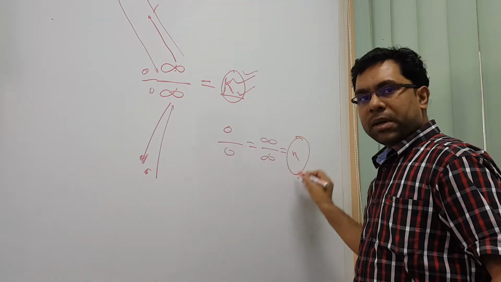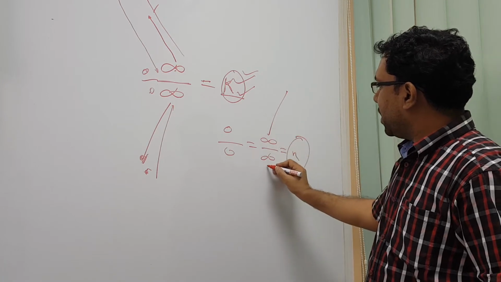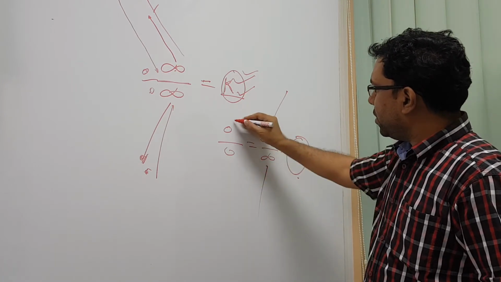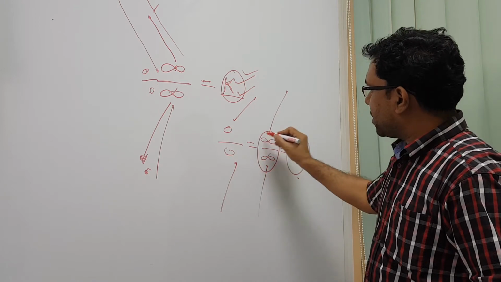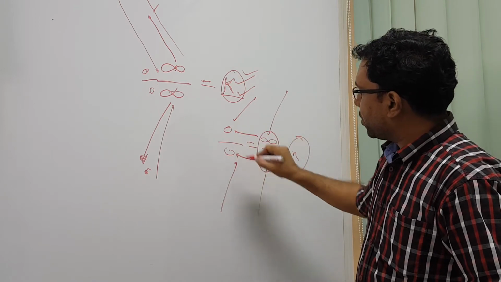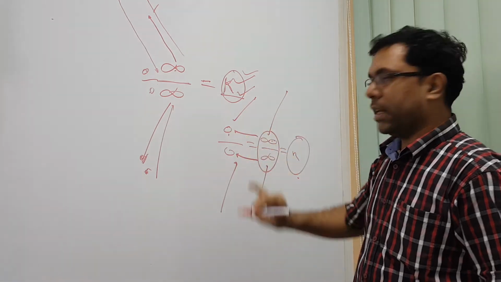That number is the person in spirituality. He has seen the infinity also, and 0 also, but this infinity has come to the 0, because this infinity has existence only when 0 is there.